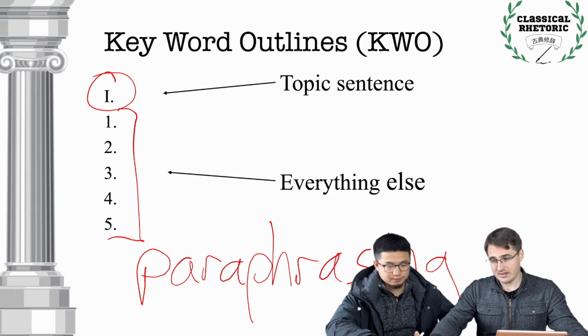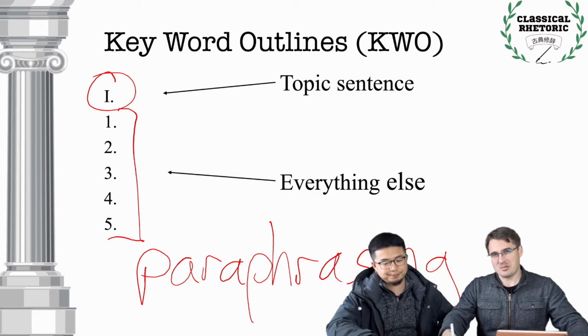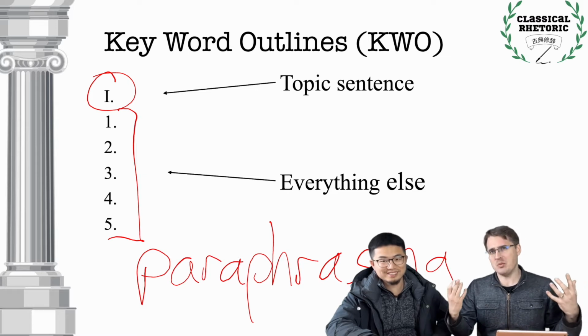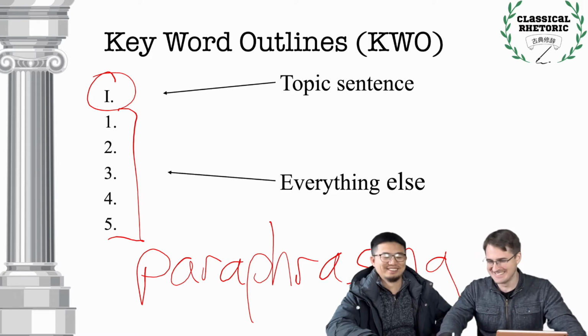Paraphrasing is when you say something in your own words, and teachers that you'll have in America or the UK will tell you you must write things in your own words if you use someone else's idea. But the problem is, I had a very good teacher once who told me, when I was a boy, I always said, but I don't have any words. The book took all the good ones.